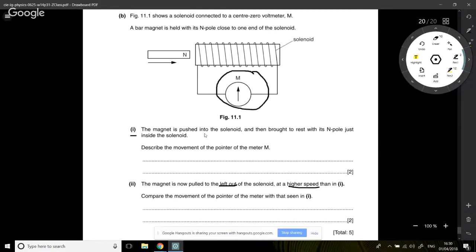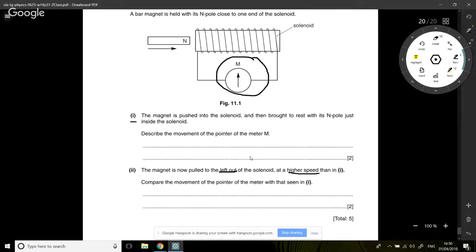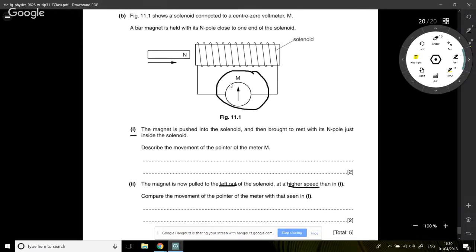Basically, first of all, it's moving the other way, so the dial will deflect in the opposite direction to the way it originally deflected. And because it's moved at a higher speed, the deflection should be greater. And because it's moved through faster, the length of time it is deflected will be reduced.